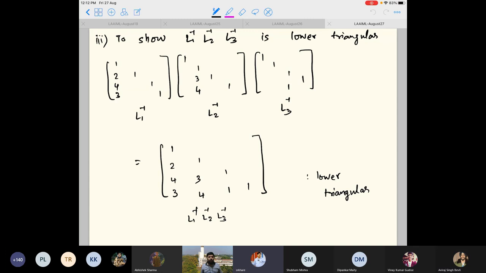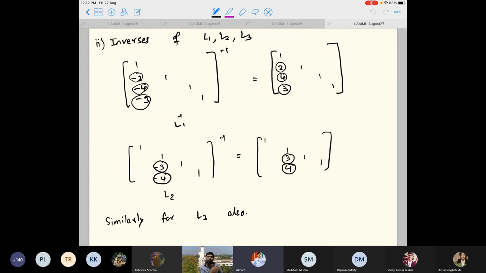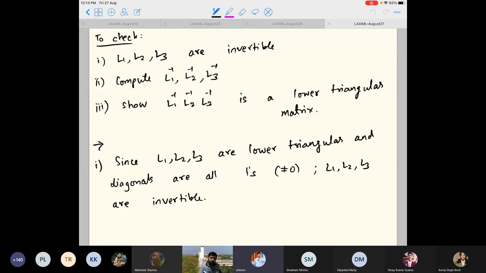Yes. So now the question that I really want to ask is, we just solved one 4x4 example, and in that example we saw what is really happening. In general, when you encounter these L1, L2, L3 matrices, how are you going to check these three things?